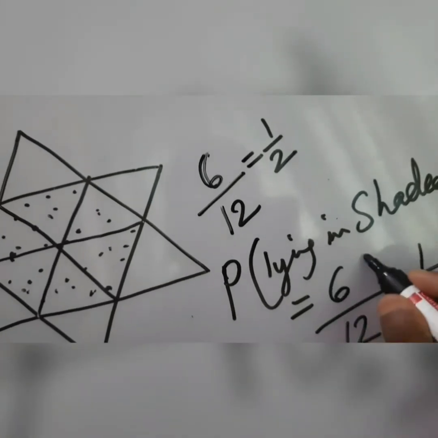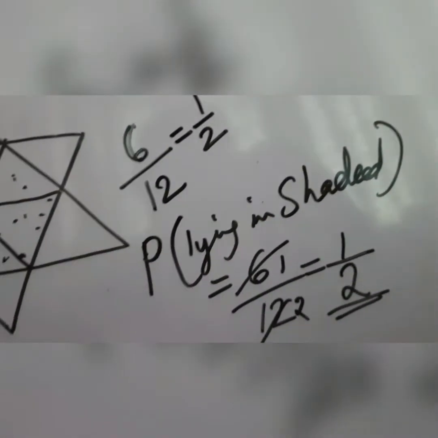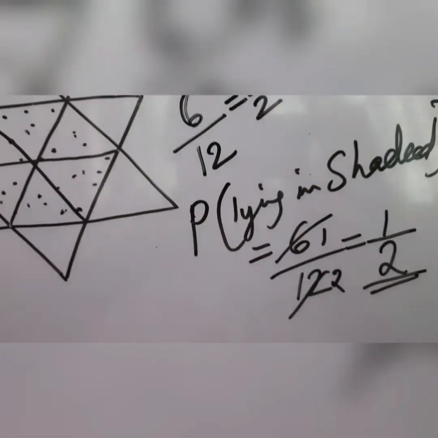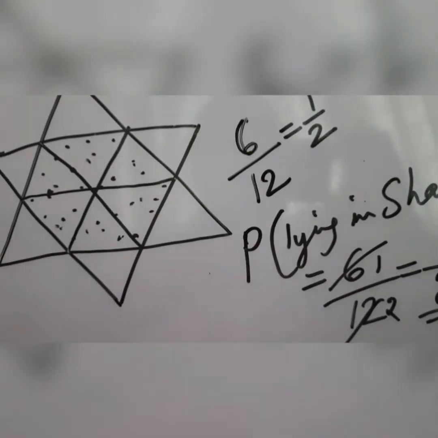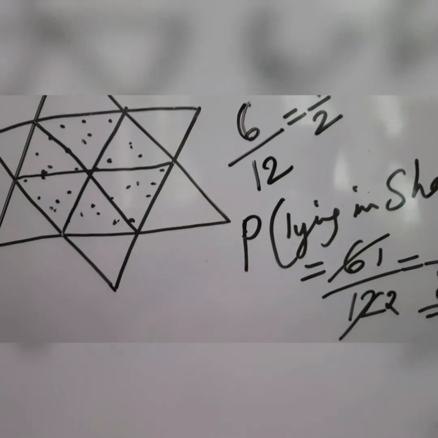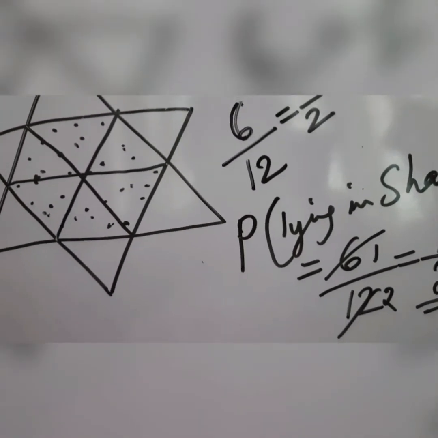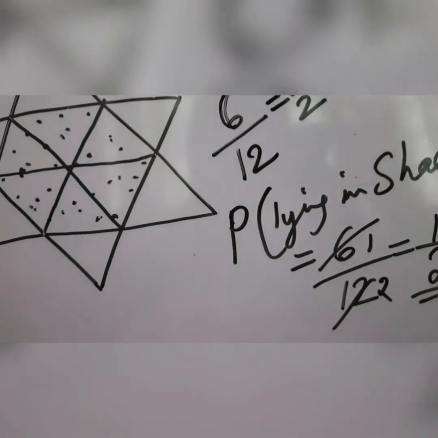We can cancel 6, that is 1 time here and 2 times here. So the answer is 1 by 2. This method is easy. If there is a chance to make the figure into equal parts, it is easy to find.